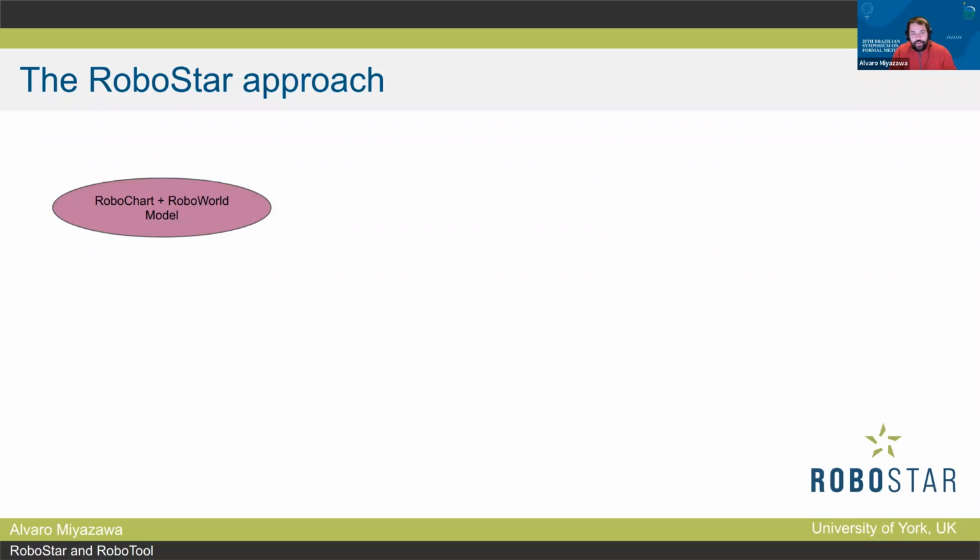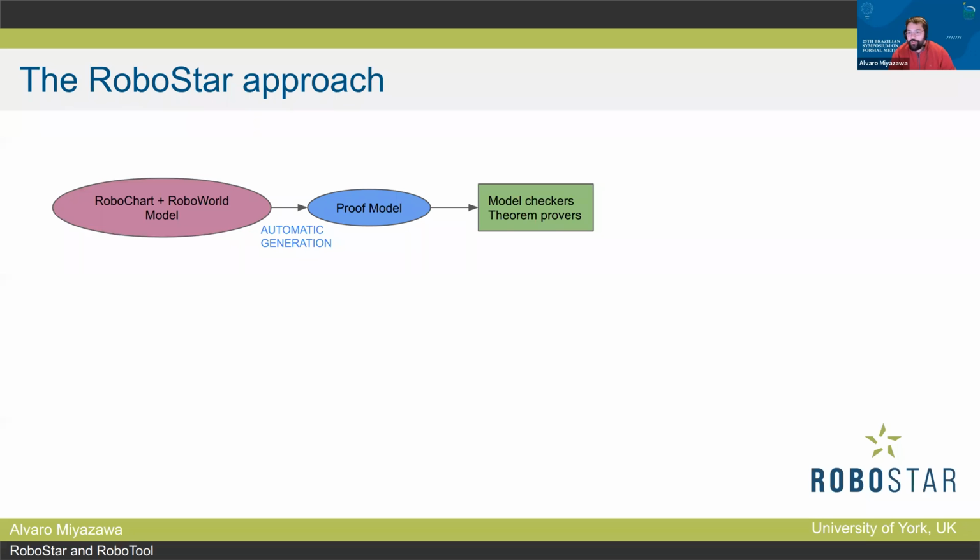But the idea here is that from these models, which should be convenient for roboticists, not just software engineers and formalists, we would be able to automatically generate proof models that would then be fed into model checkers and theorem provers to evaluate their correctness with respect to properties and specifications.